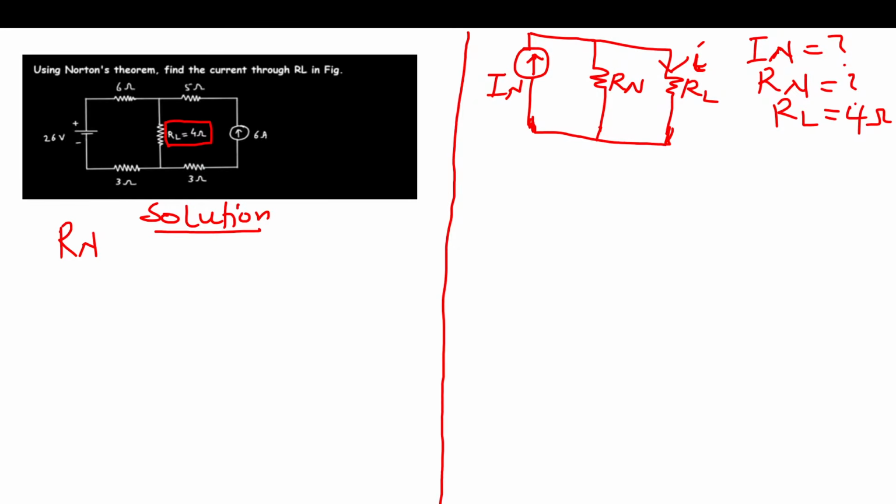So given this question, in finding Rn, I'm going to short circuit the 26V here, and then over here I'm going to open circuit this 6 amp source here. So this is how my circuit is going to look like.